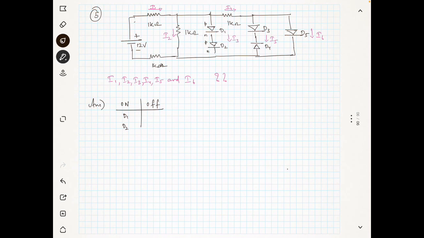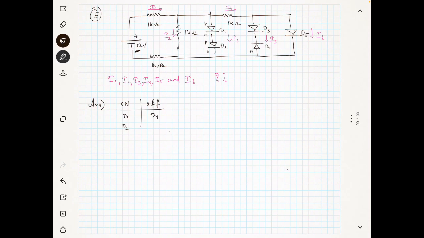Now we will see what about the D3. You can see here the D4. Regarding the D4, the negative terminal of the battery is connected to the n type semiconductor. So D4 is in off state. Since D4 is in off state, the current through D3 also will be 0.